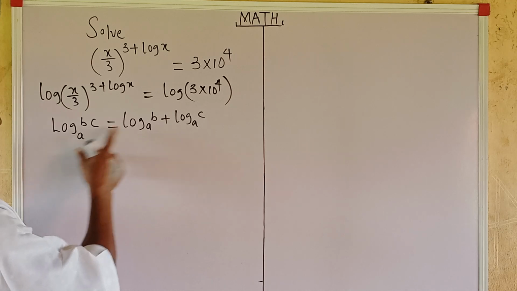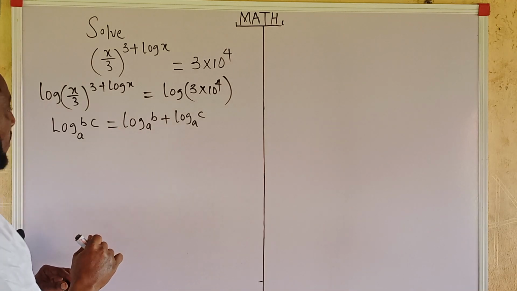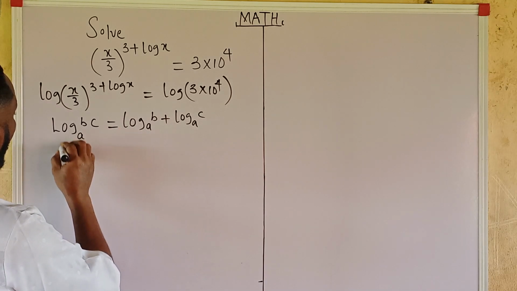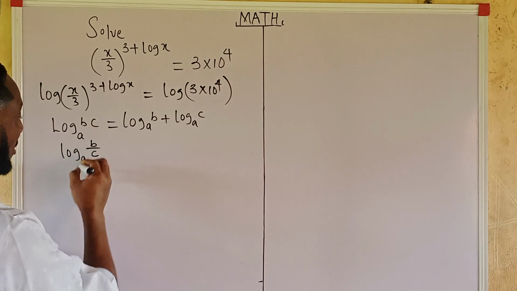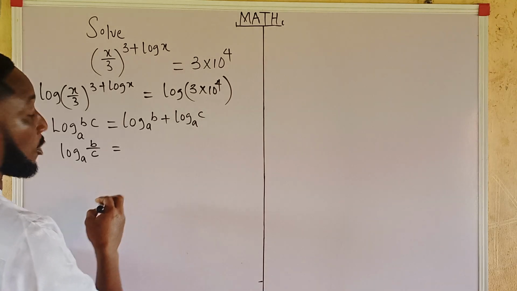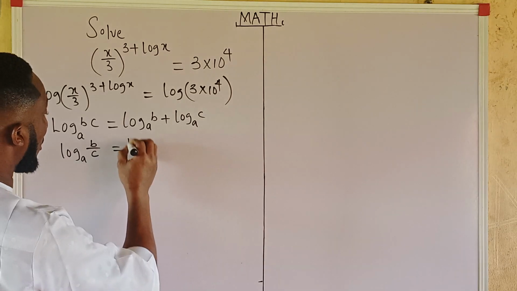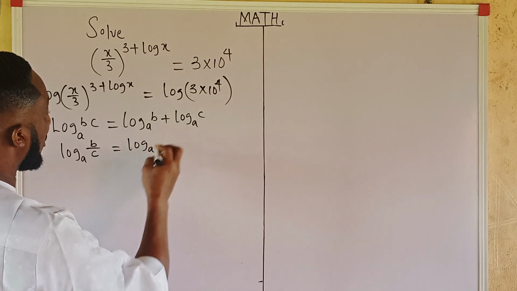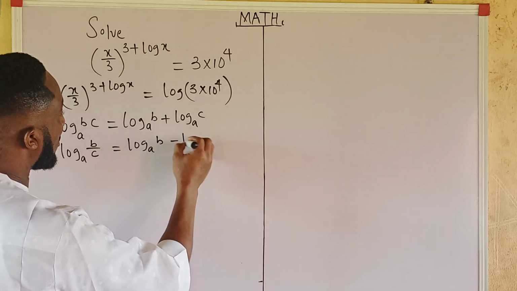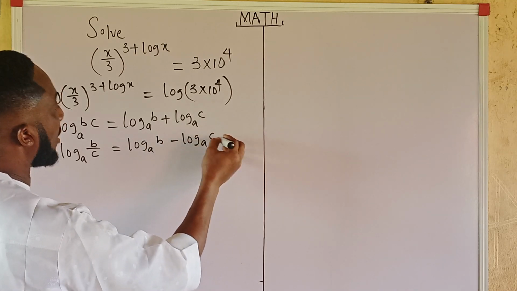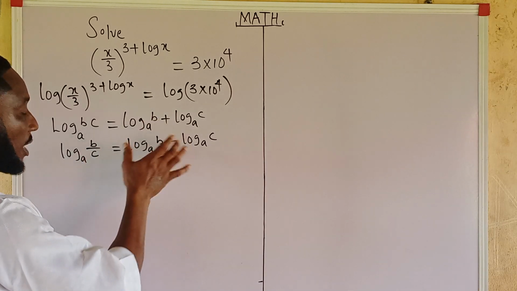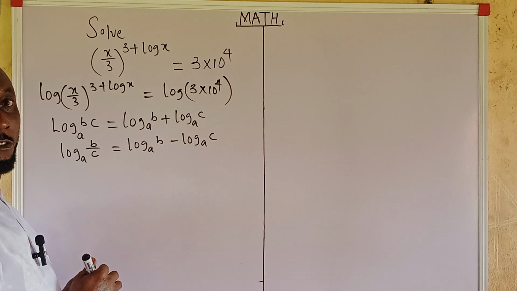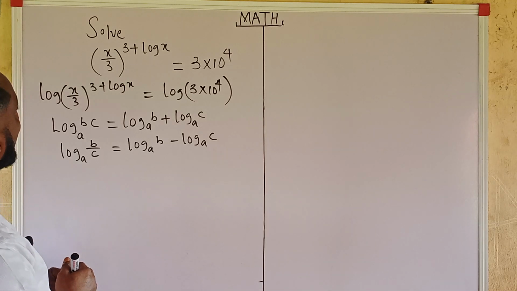So this is the multiplication slash addition law of logarithm. If we also have log to the base a of the argument b upon c, we can split this to be log to the base a of b minus log to the base a of c. You can call this the division slash subtraction law of logarithm, and you're also very correct.